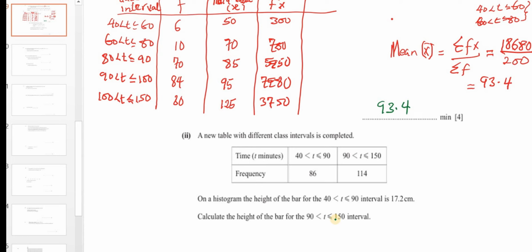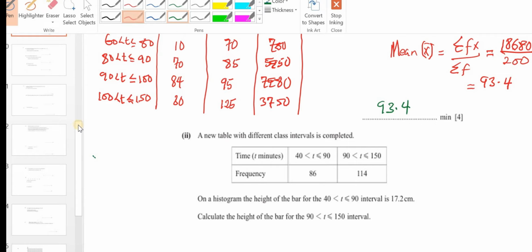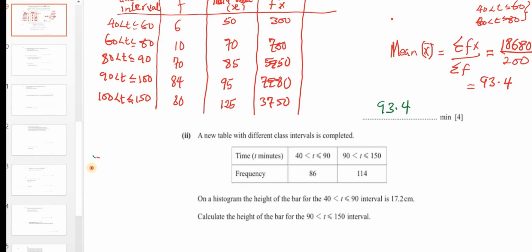When the height of a histogram is required for grouped data, you need to calculate to get the height. You use frequency density. Frequency density is equal to frequency over class interval.